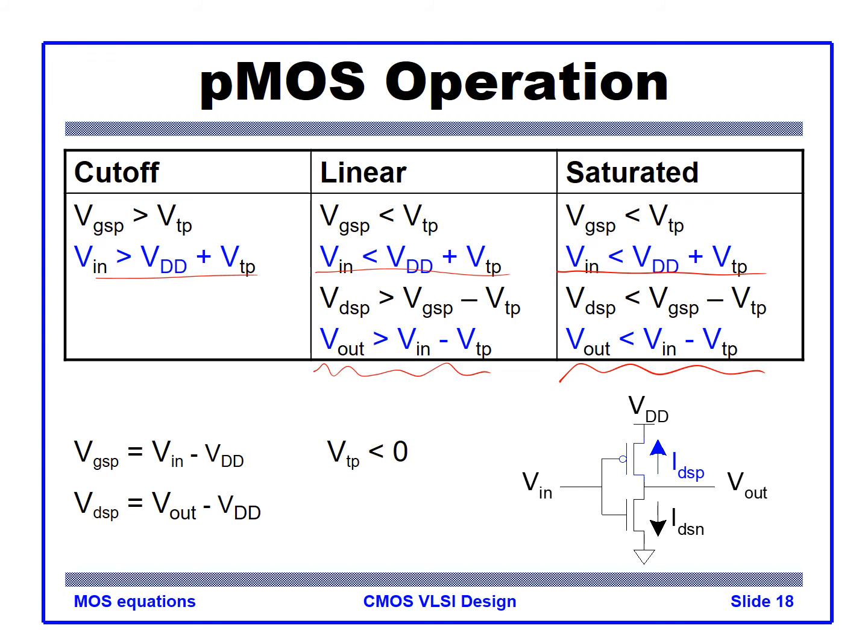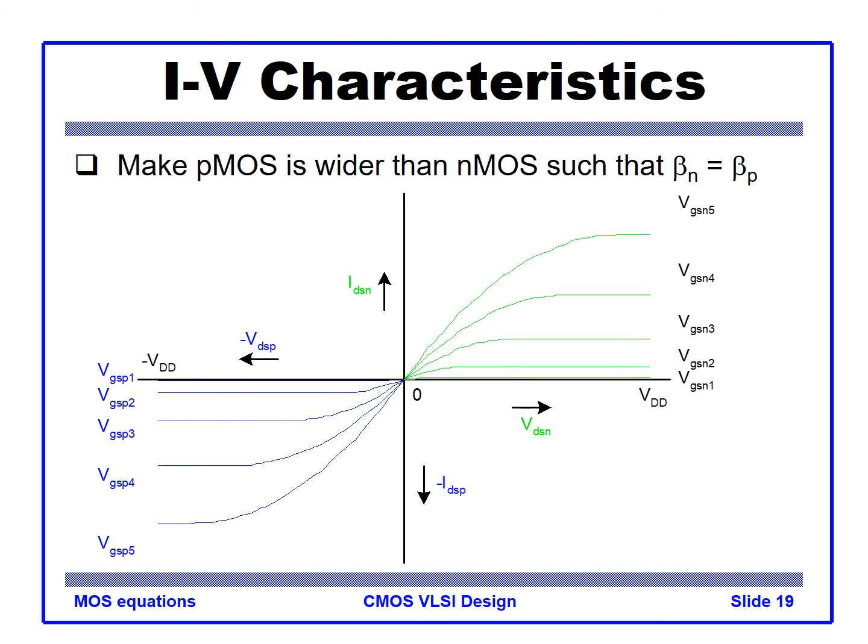One thing to note is that although it looks complicated, we can visualize the output and input relationship like this. On the right-hand side is the conventional NMOS device characteristic. On the left-hand side is the PMOS device characteristic. On the positive y-axis we plot IDSN, and on the negative side the minus IDS is plotted.